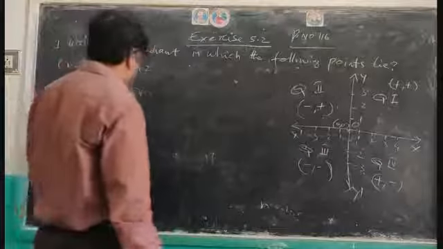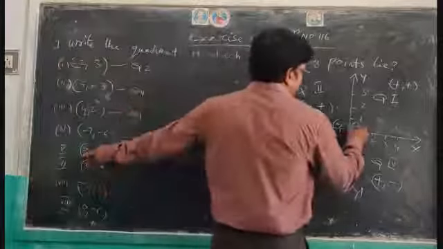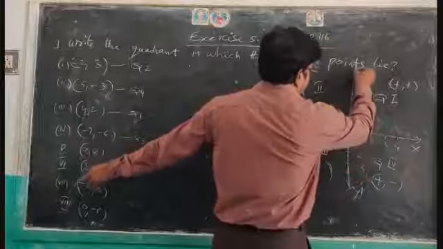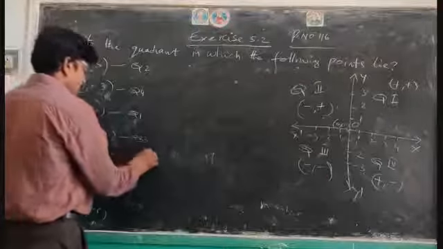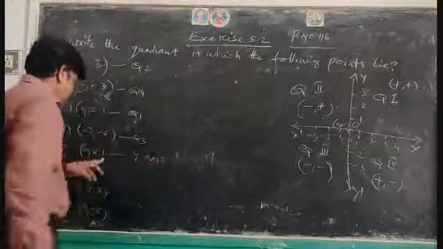(0, 8): x is 0, y is 8. This means it is on the y-axis. The y-axis is very important.